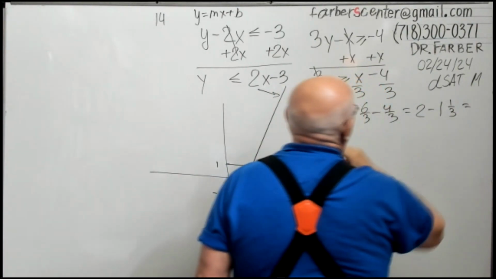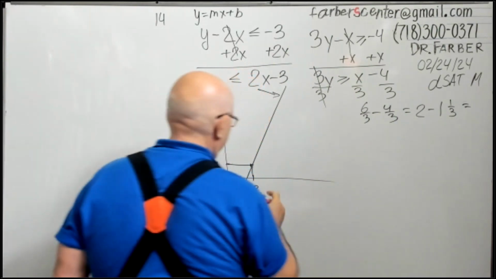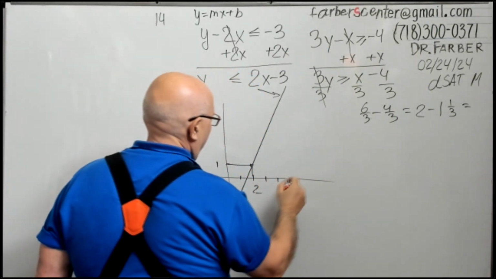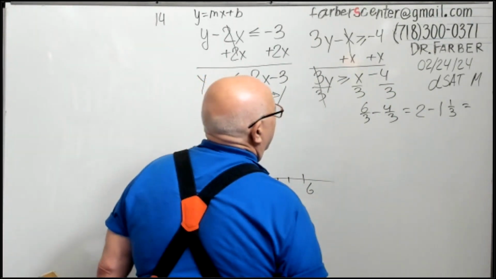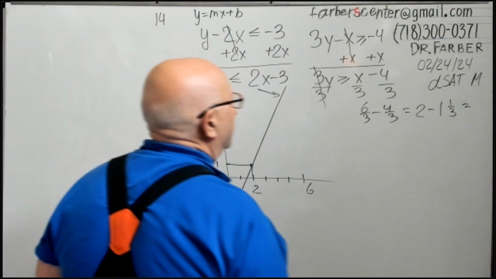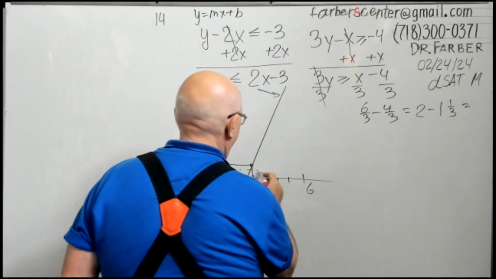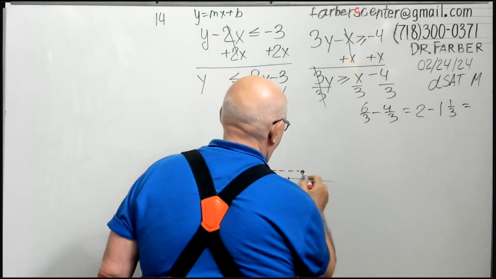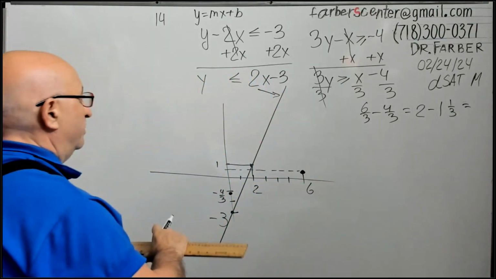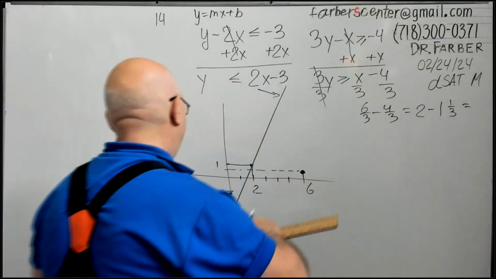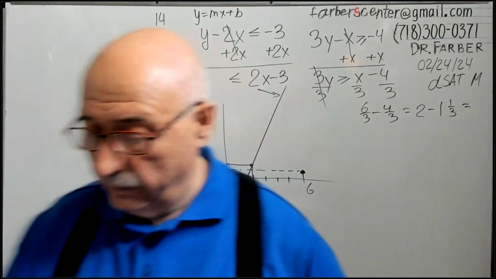It would be 2 over 3. So when x equals 6, y equals 2 over 3, less than 1. I have the second point. So I connect these 2 points with a different color. Let's say the green one.